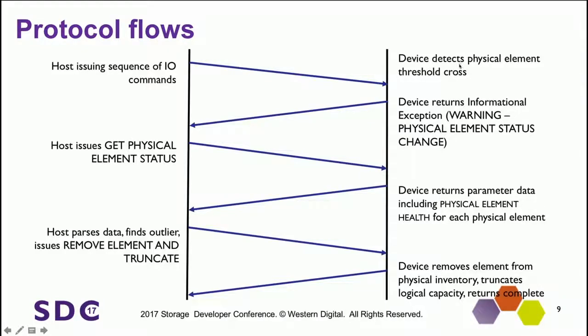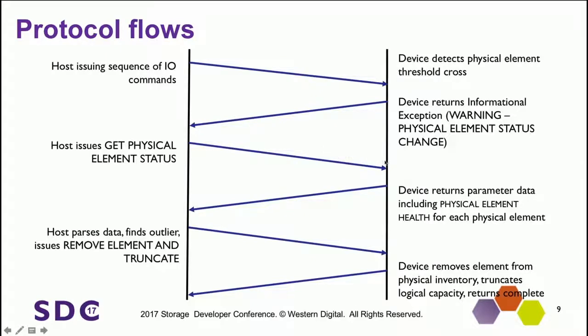If there's a problem and the device detects a physical element threshold cross, as a result of sending status for one of these I/O commands, it will send an informational exception. The particular informational exception is warning physical element change. That's a signal then to the host that it probably wants to issue a get physical element status command. And shortly we'll look into what this CDB actually looks like.